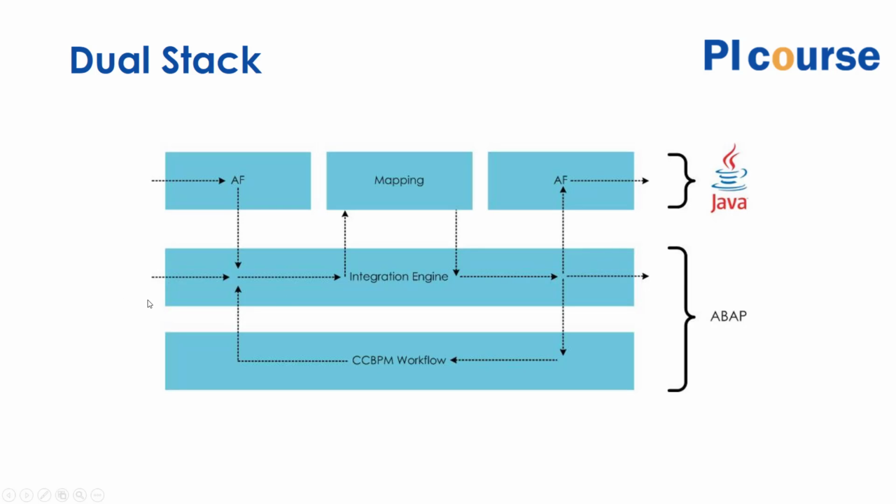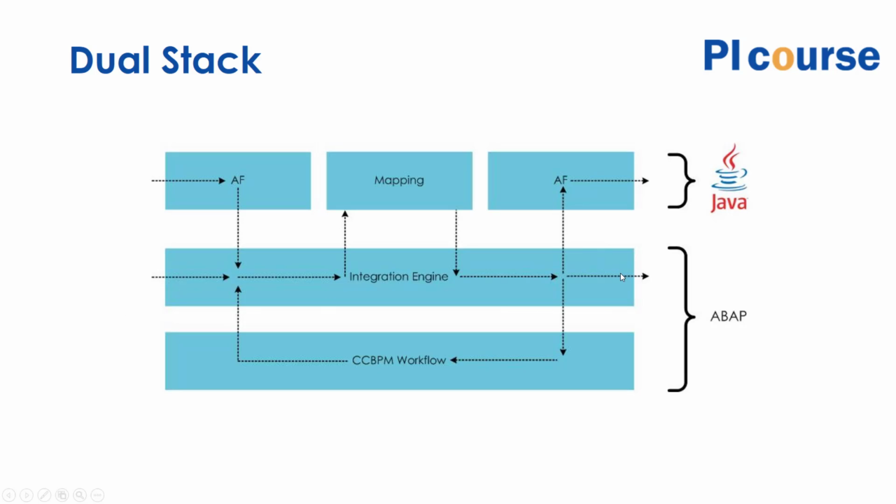The main reason why this was useful was because some of the adapters only supported the ABAP runtime. So this was the proxy adapter. This was the IDoc adapter that needed to feed data into the integration engine directly, and the HTTP adapter also. And these would also be able to process over here.